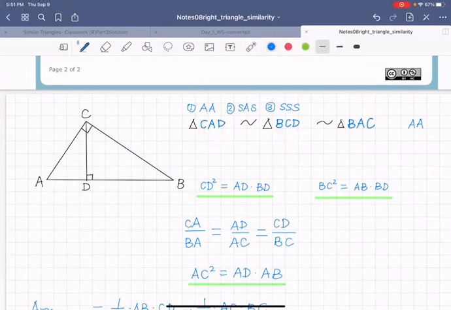Okay, Valeria, go ahead. Tell me this proportion is. CA over BC equals AD over CD equals CD over BD.